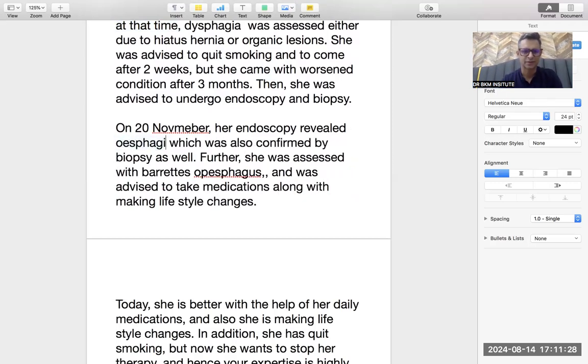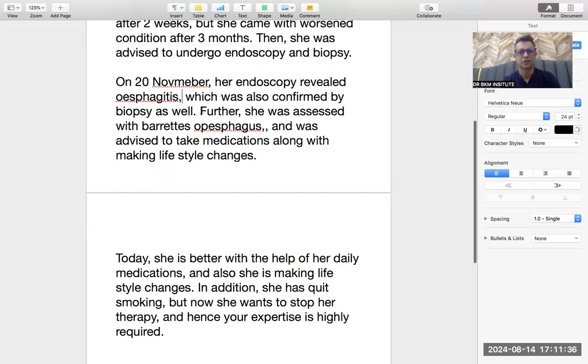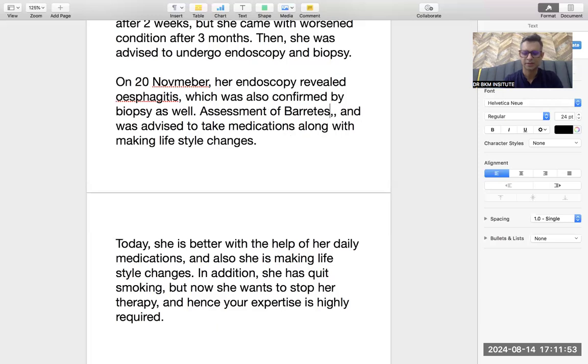Esophagitis, which was also confirmed by biopsy. Further, she was advised further, or you can say, simple. If I have to change this, assessment of Barrett's esophagus was made.